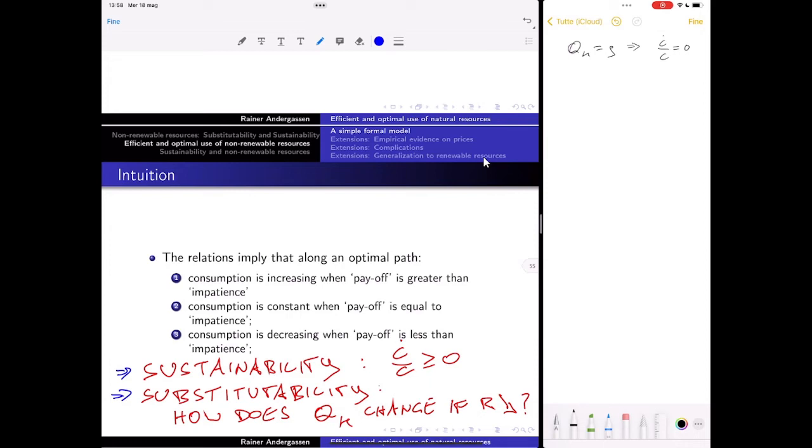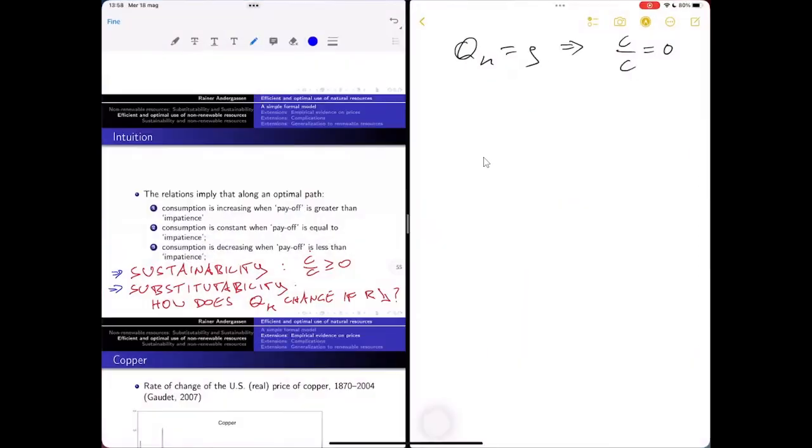Then next week, I'm going to solve explicitly a very simple example. I'm going to calculate the extraction rate explicitly and then see how this is going to affect the issue of sustainability. But for the moment, let's try to obtain some general results.